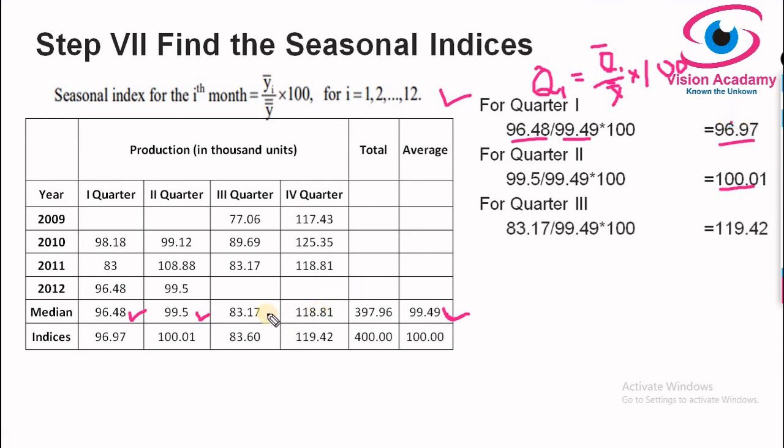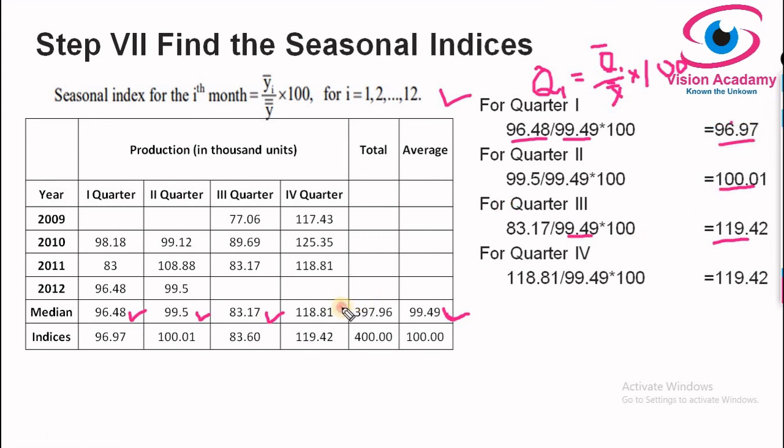So for the third quarter, the median of the third quarter is 83.17 and the grand mean is 99.49, into 100. The third quarter seasonal index is 83.59. And for the fourth quarter, the median is 118.81.